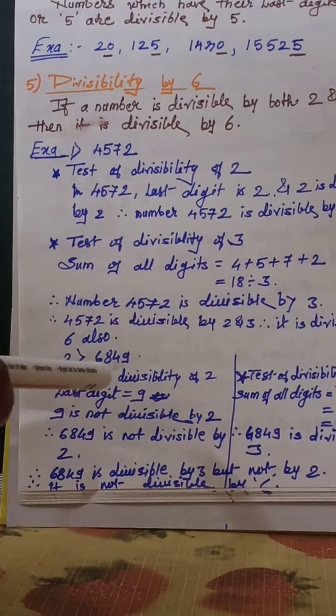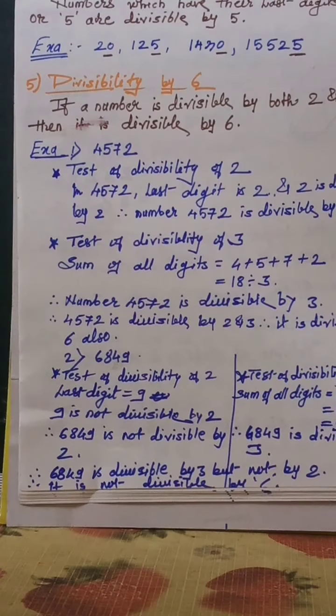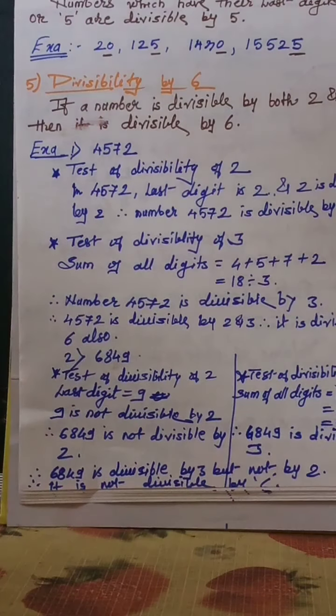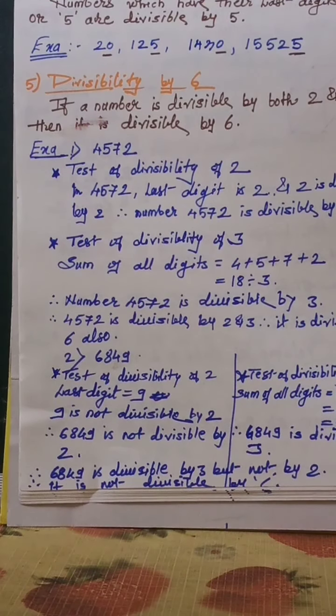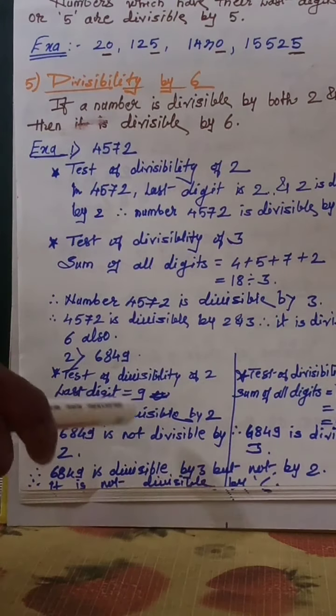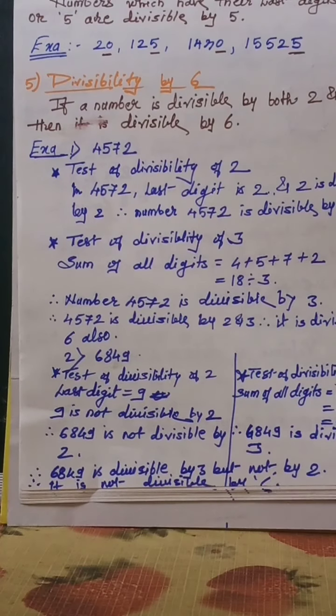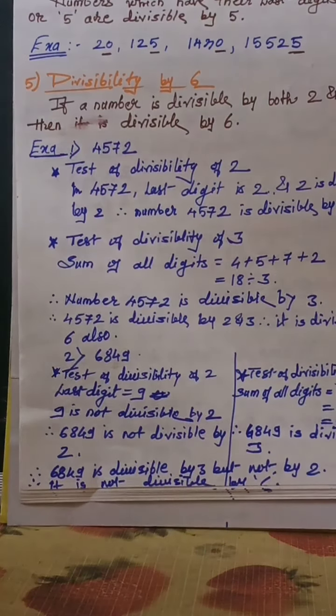Again we take one example, 6849. For the test of divisibility of 2, we check the last digit. The last digit is 9 and it is not divisible by 2. Therefore, 6849 is not divisible by 2. Now we check the test of divisibility by 3.